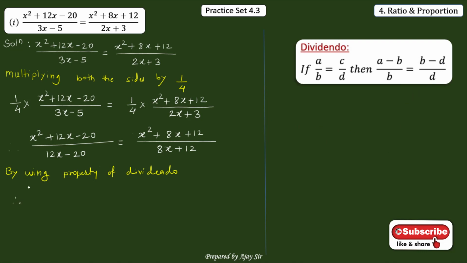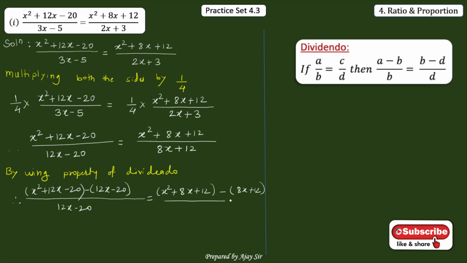So therefore the numerator we can write as it is, x square plus 12x minus 20 minus the denominator, that is 12x minus 20, divided by 12x minus 20, is equal to x square plus 8x plus 12 minus 8x plus 12, divided by 8x plus 12.